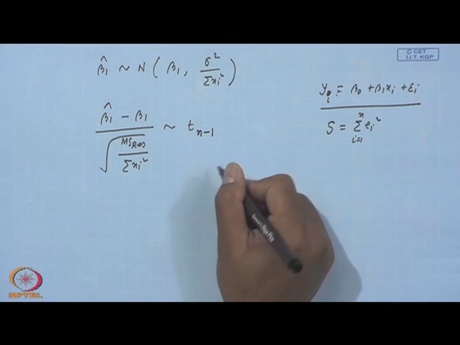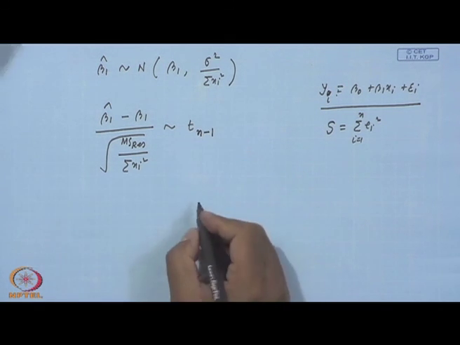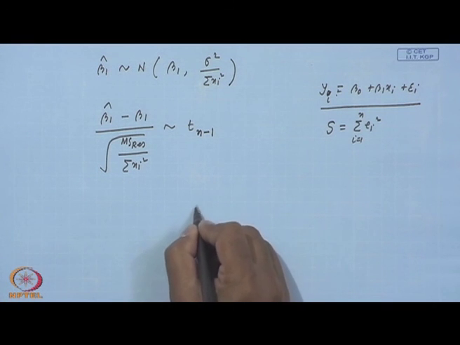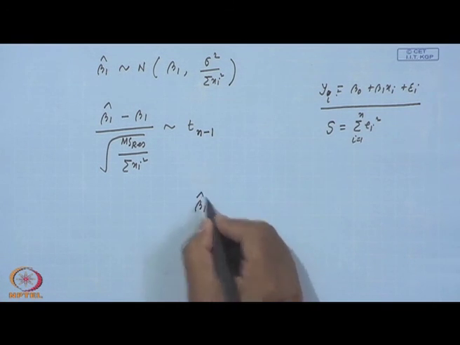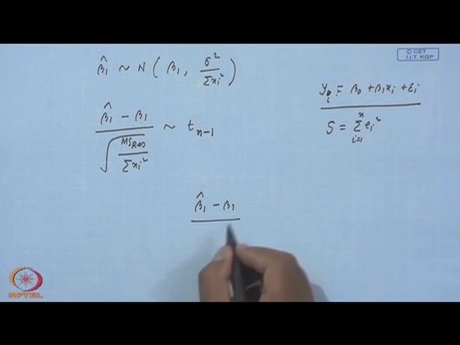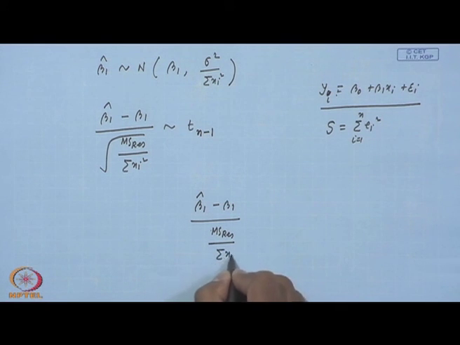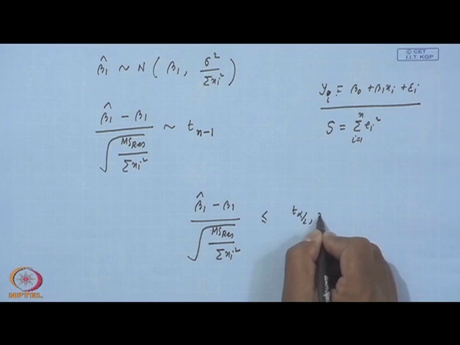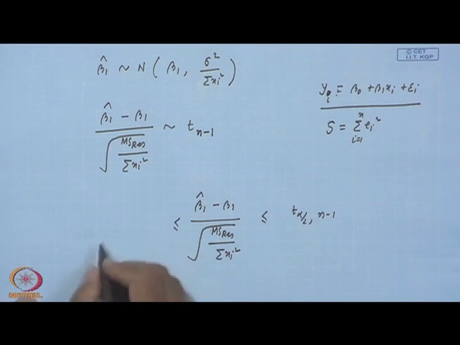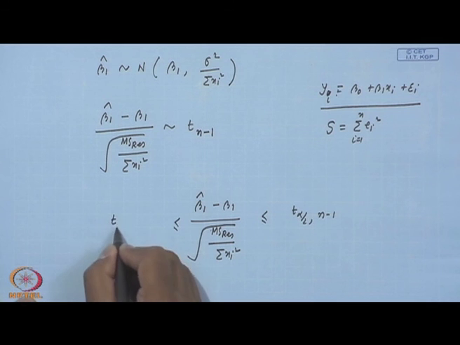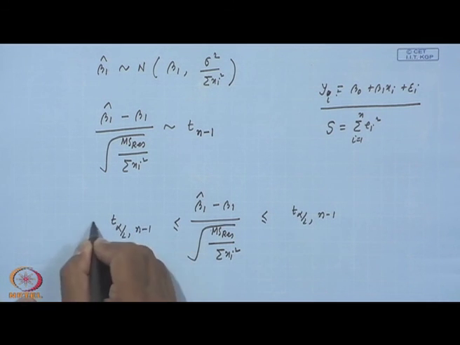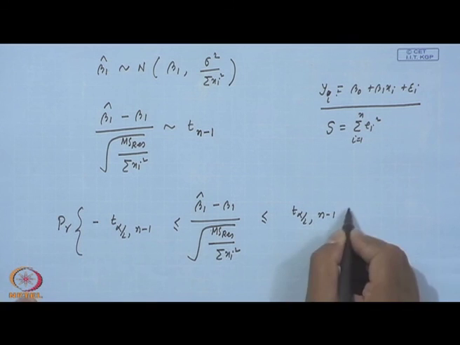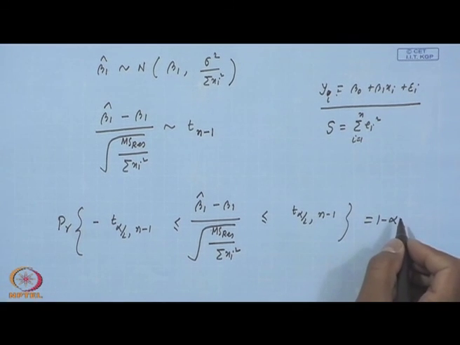So, this is one point, and from here you can check that beta 1 hat minus beta 1 by the square root of MS residual by summation x_i square is less than or equal to t alpha by 2, n minus 1, and greater than minus t alpha by 2, n minus 1, with probability 1 minus alpha.